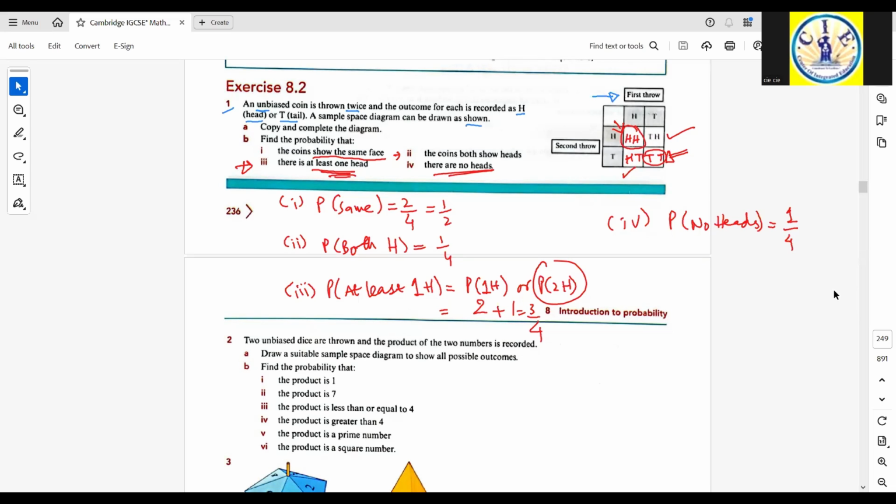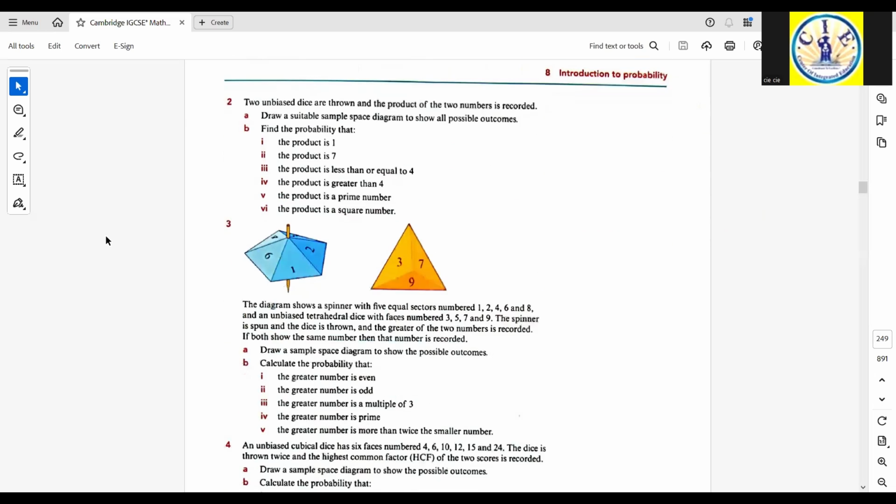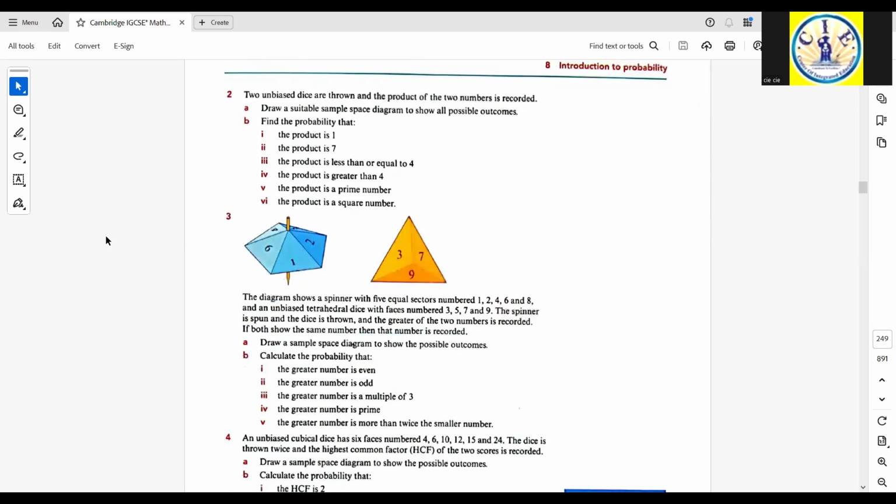Now we proceed to question number 2. Two unbiased dice are thrown and the product of two numbers is recorded. Product of two numbers.